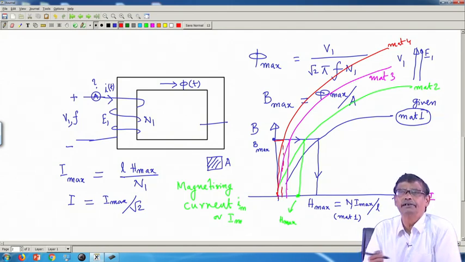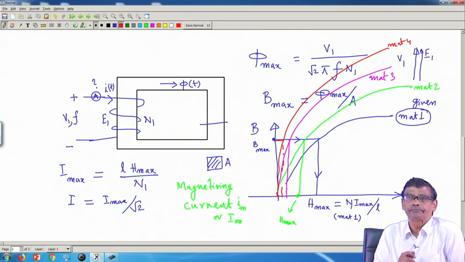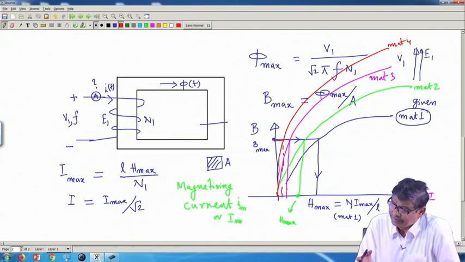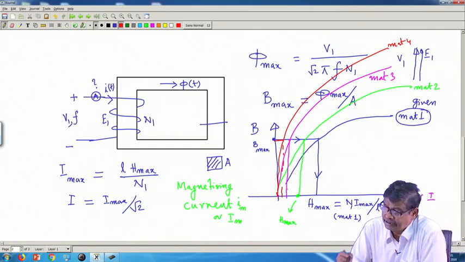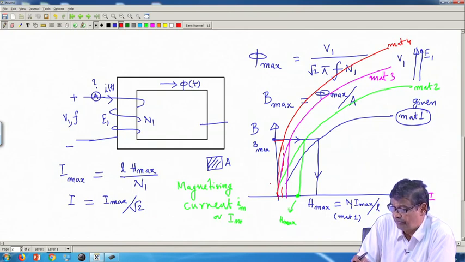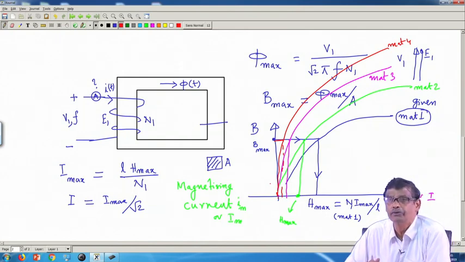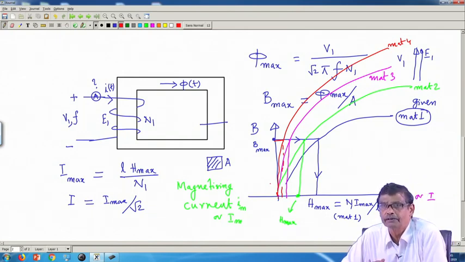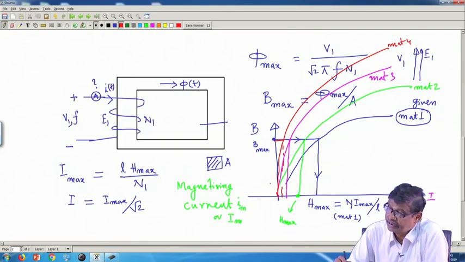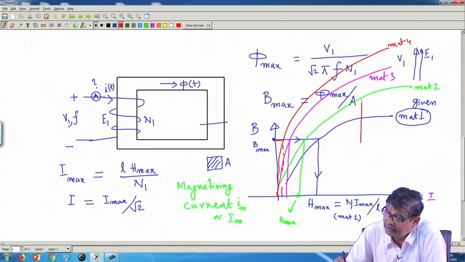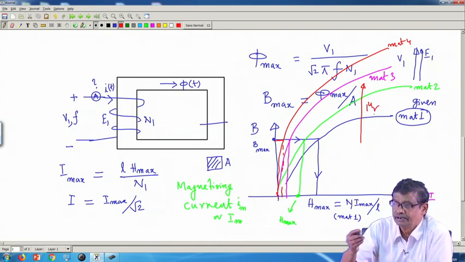You can reduce the magnetizing current further. What is this better material? A better material means the slope dB by dH, which is mu r, is a measure of mu r. So, we are increasing relative permeabilities for these different curves, essentially.